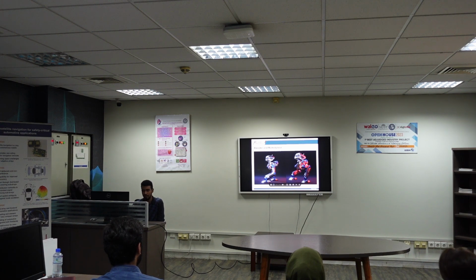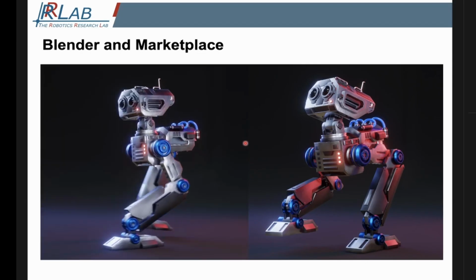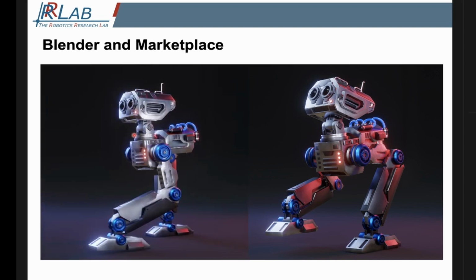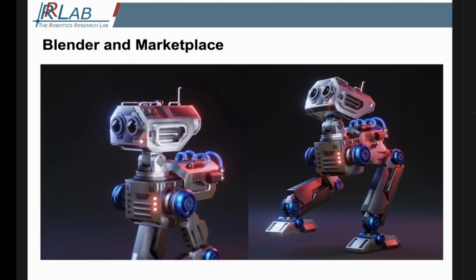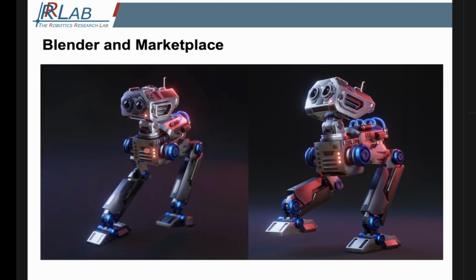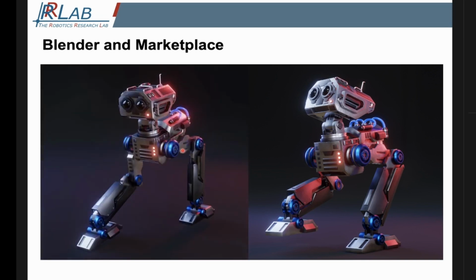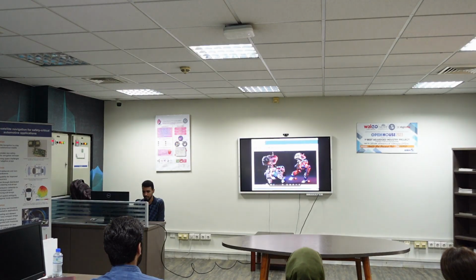You can see the texture, a lot of different materials, and the lighting as well. This is just a robot I was playing around with, creating a model to experiment in Blender. Even here we can run an animation like this. So something like this can be created by Blender.